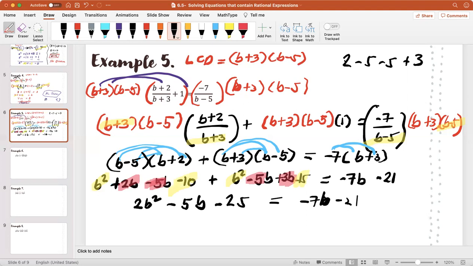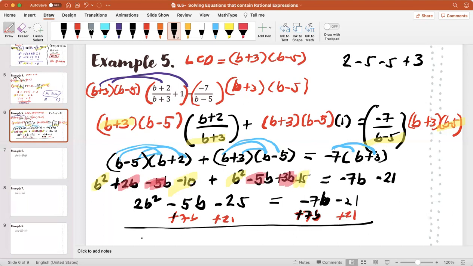Now, we make the right side 0. Why? Because the result will be a quadratic equation. It's a b squared. So that means we have to do this. Plus 7b, plus 7b. How about negative 21? That would be plus 21, plus 21.